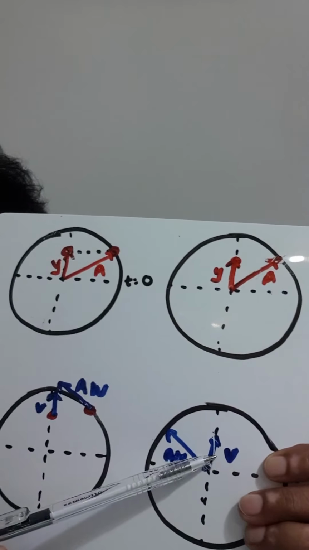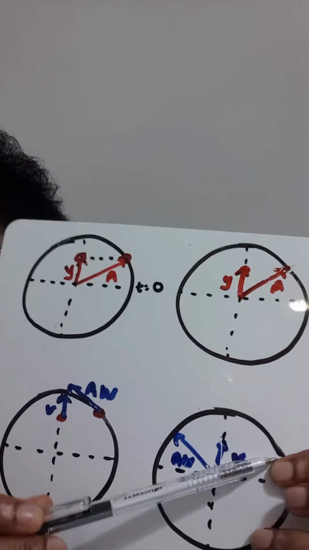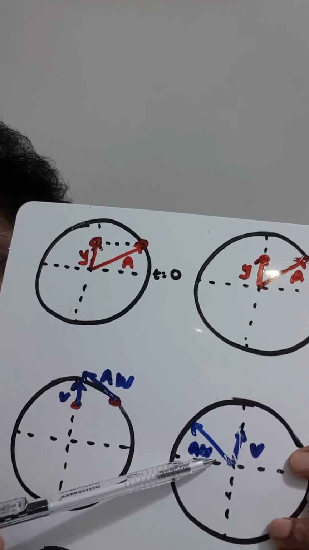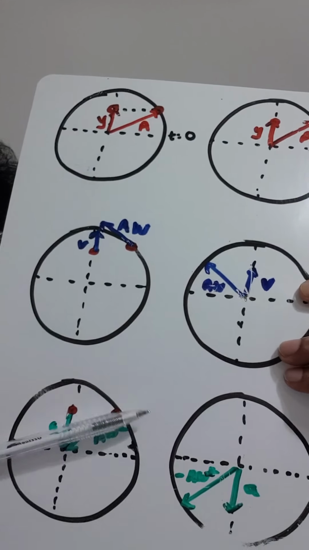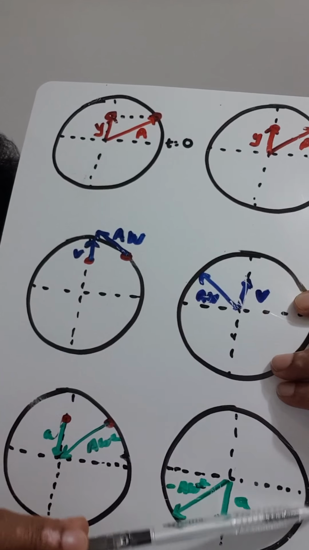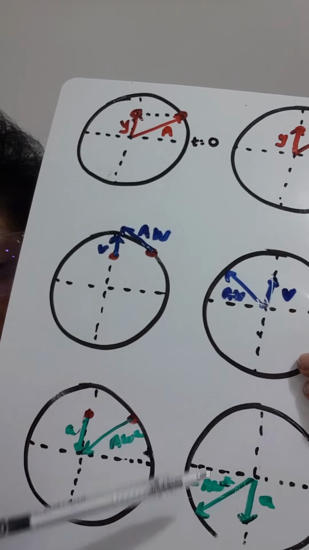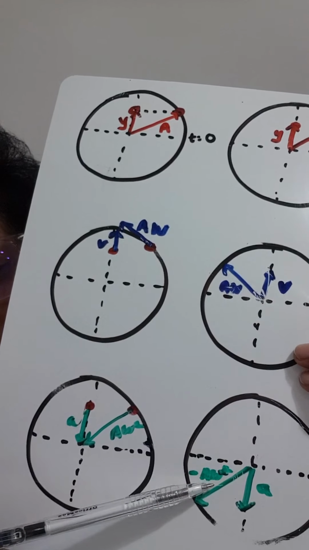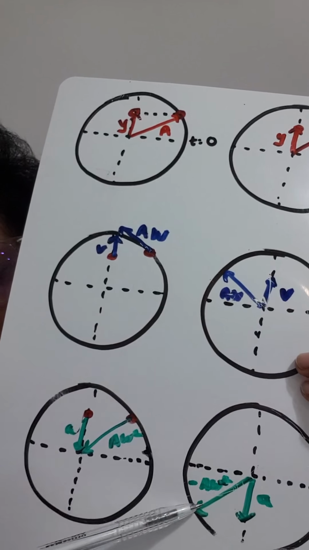Your velocity, the length of this, is your constant velocity for the reference particle, which is A omega. And your acceleration, which is again constant for the reference particle, is A omega squared. Okay, so that's the length of these phasors.